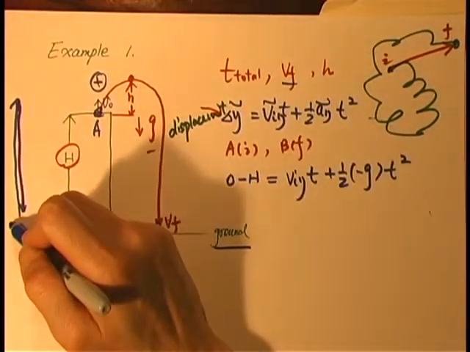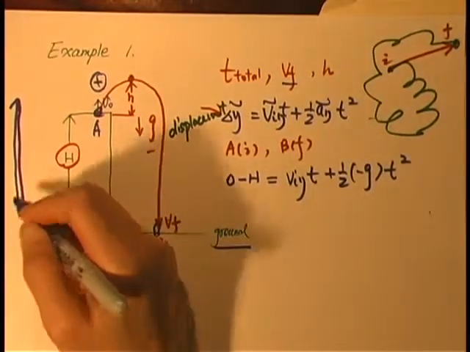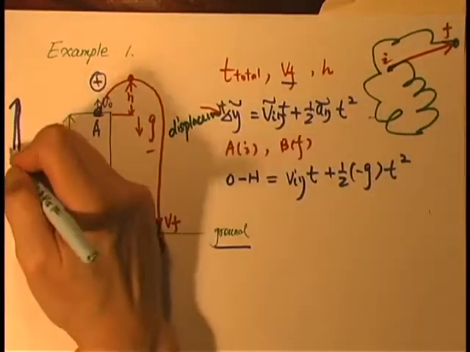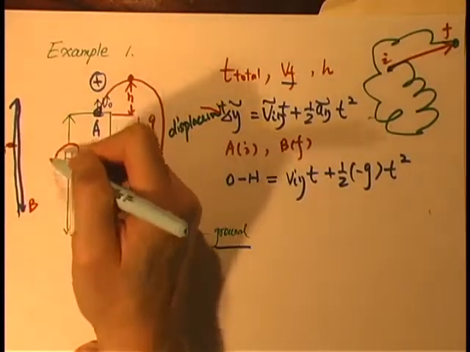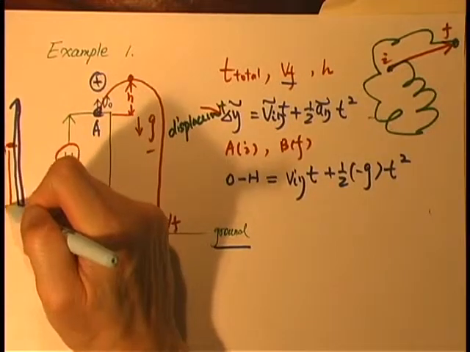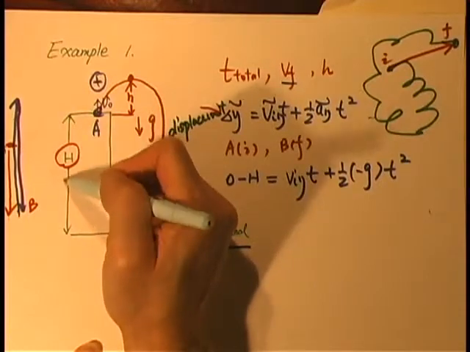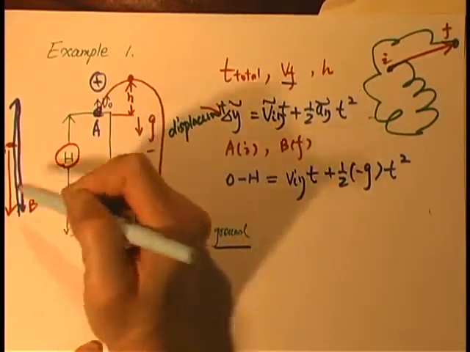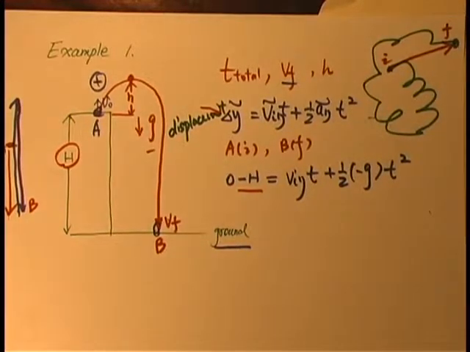So say for example, you toss something up right here. That is your A. That's before impact, that's B. So what is your displacement, initial point to final? That is the change. What is H? Direction down, so it's negative H. That is displacement.